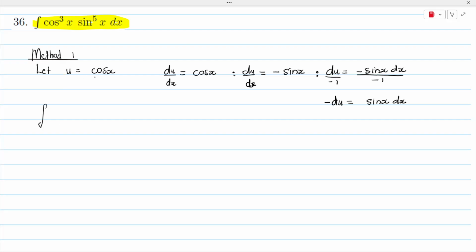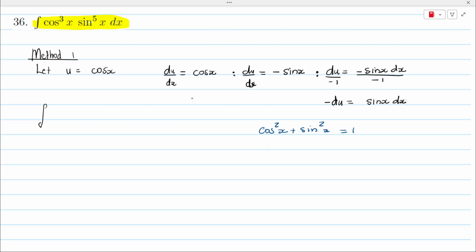Because I let u be cos x, I will be changing this sine x to something I can work with. What I've learned is something called Pythagorean identities. These Pythagorean identities relate the cos x and the sine x. So it says that cos squared x plus sine squared x is equal to 1.